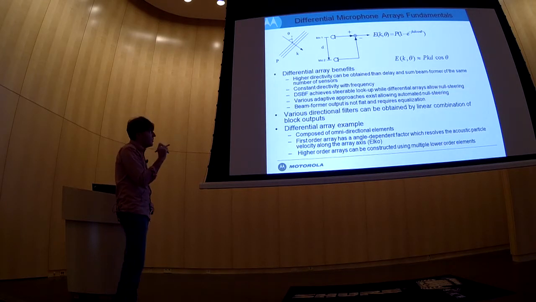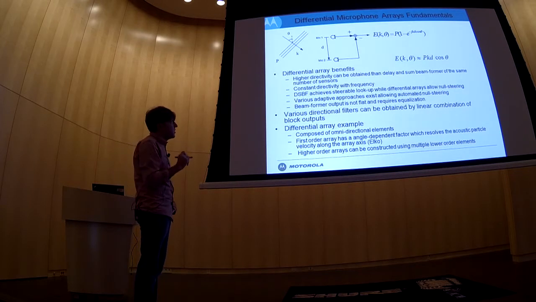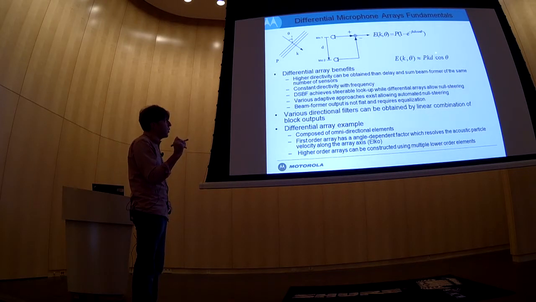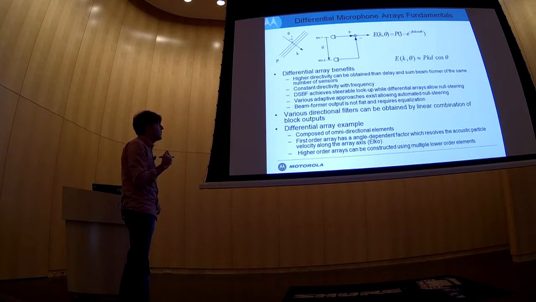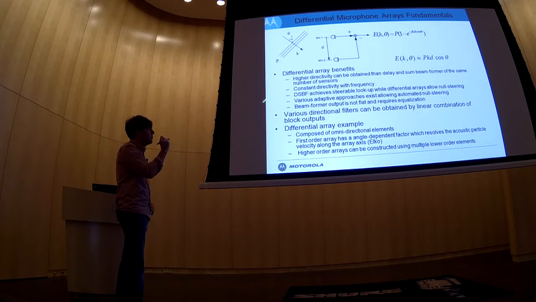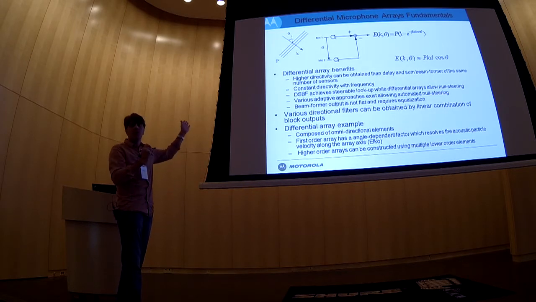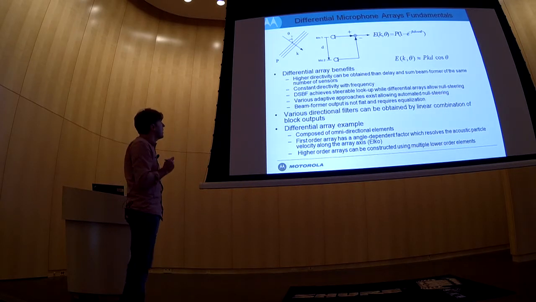Now, the derivation for this is in Elko, but basically if you look at the output, it has this term of cosine theta, where theta is the angle between the direction of the array and the direction of propagation of the sound field coming from a distant source, resulting in a plane field.